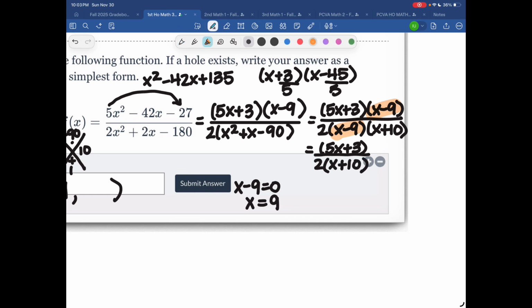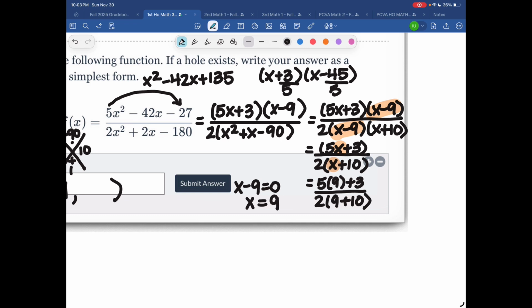So wherever we see an x, we're going to substitute in 9. So that's going to be 5 times 9 plus 3 divided by 2 times 9 plus 10. And if you need to put it in Desmos, you can. So 5 times 9 is 45, so that's going to be 48.